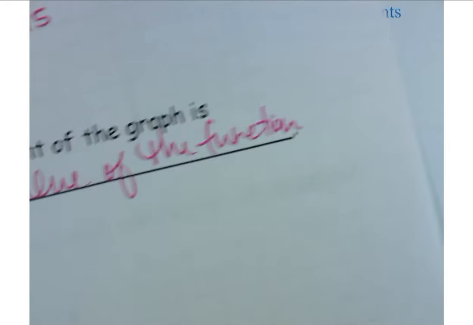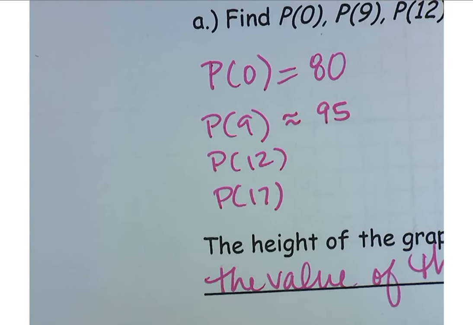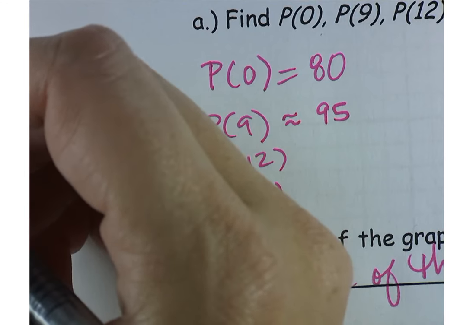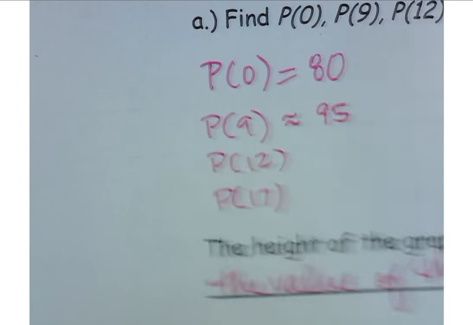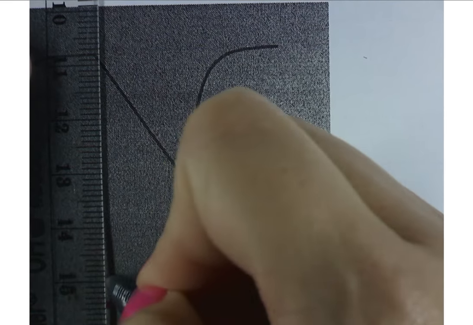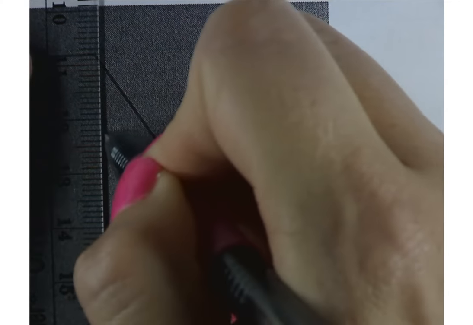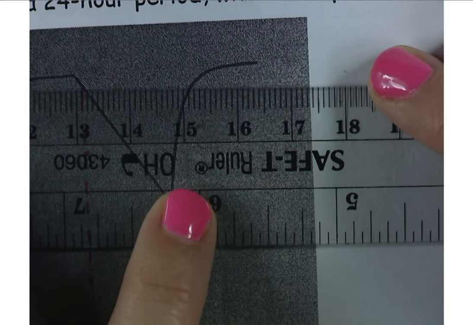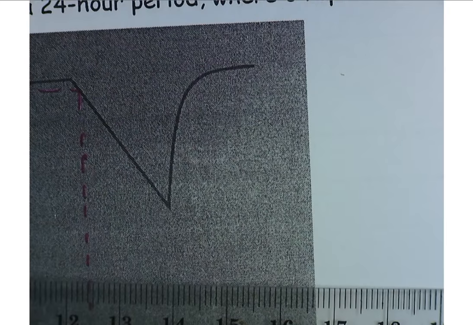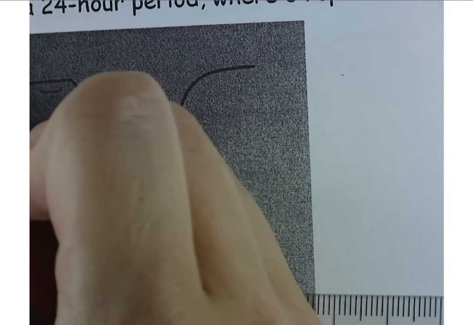Okay, so if I was doing it on this graph, what I would do is draw just a dashed line. So I'm just going to show you that. So at 9, once I have where it is on the x, I would just follow it over and see where it hits on my y.